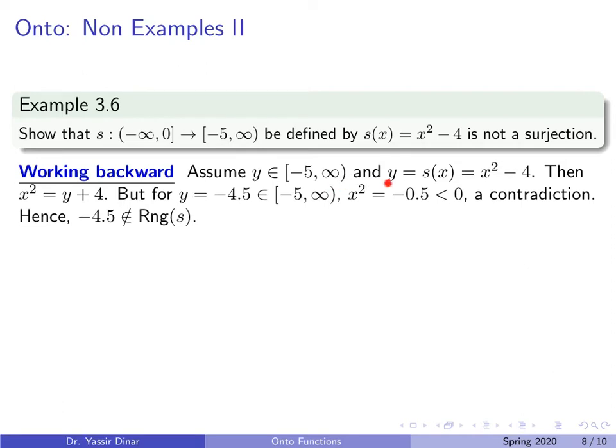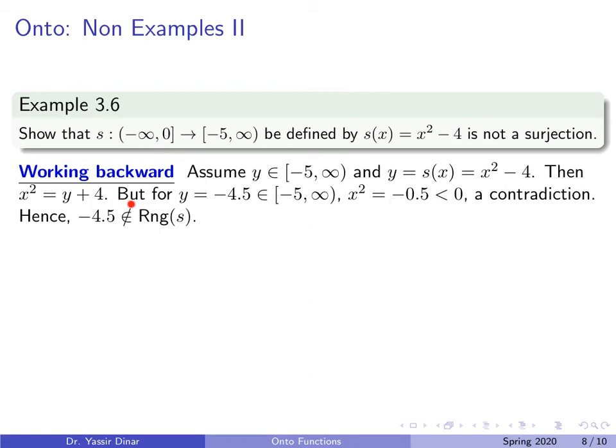And I assume that y is equal to s of x, where s of x is x squared minus 4. And that means x squared is equal to y plus 4. Now we notice here x squared is positive, so y plus 4 is going to have to be positive. But y is greater than or equal to minus 5. This value is not always positive.